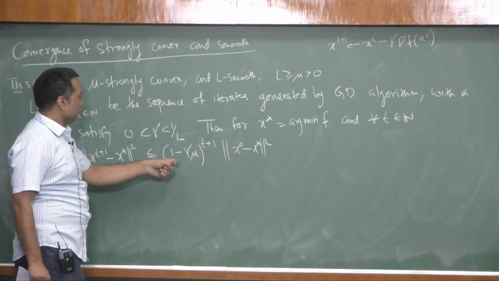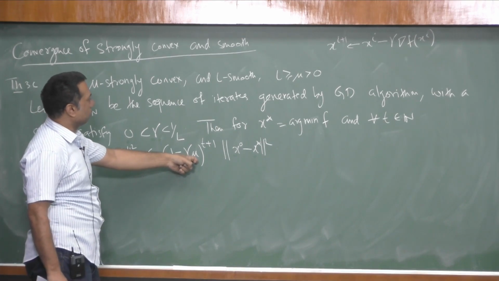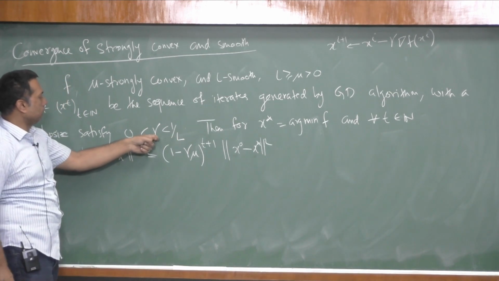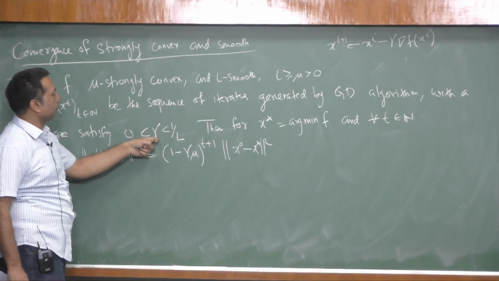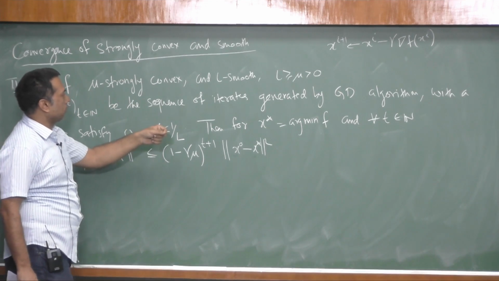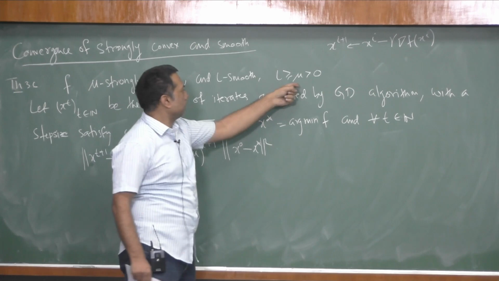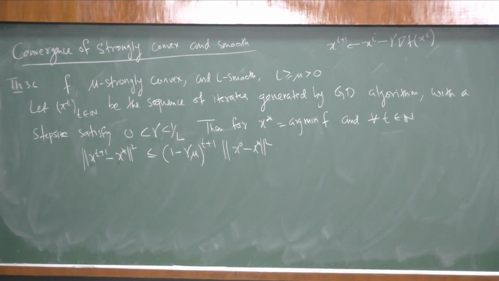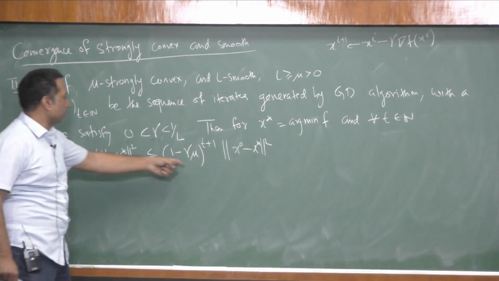And if you look here, then this is gamma mu. Now gamma L is less than 1, right? But mu is less than L, or L is greater than mu, so gamma mu must be less than 1.